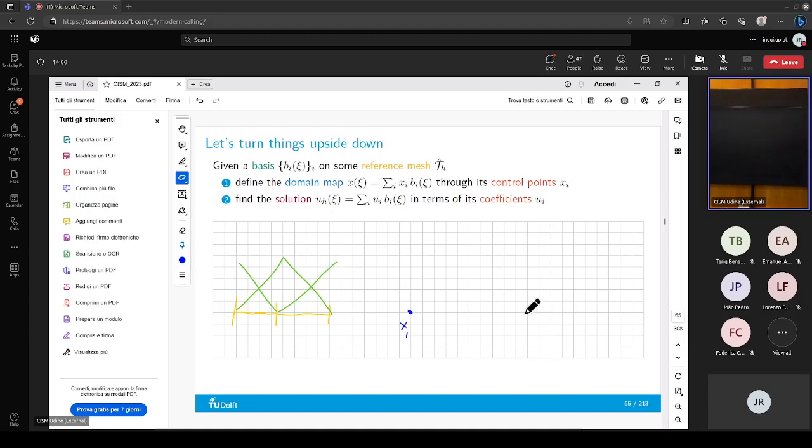Then X2 here. X3 there. Well, technically it can be a curve in 3D, but I keep it very flat. So it's just a linear stretching in some sense. And through this basis, okay, I see the control point should have been in red.